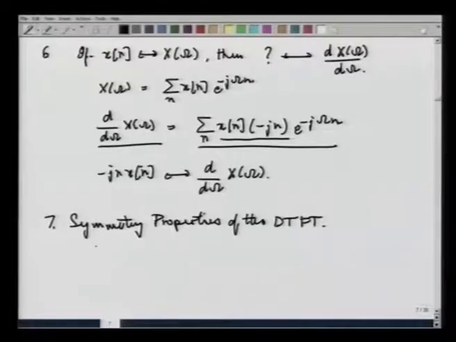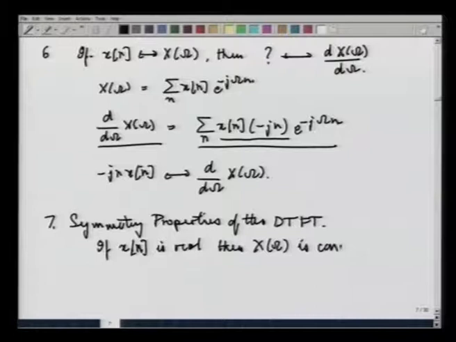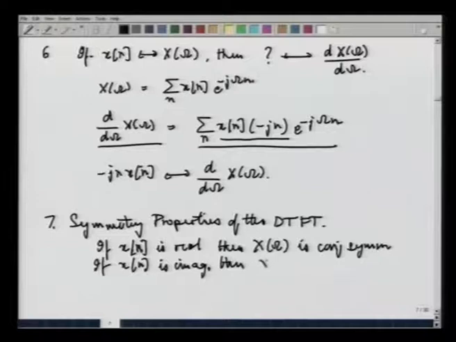So, the first is that if x[n] is real, then X(omega) is conjugate symmetric. If x[n] is imaginary, then X(omega) is conjugate anti-symmetric.